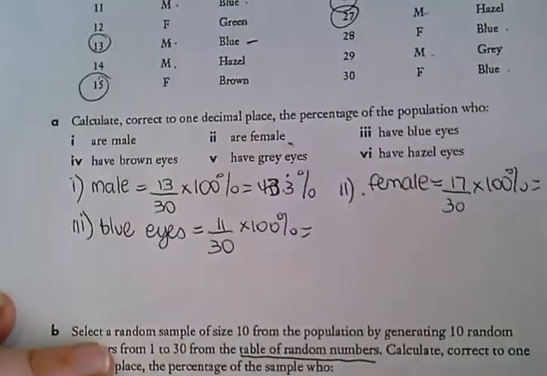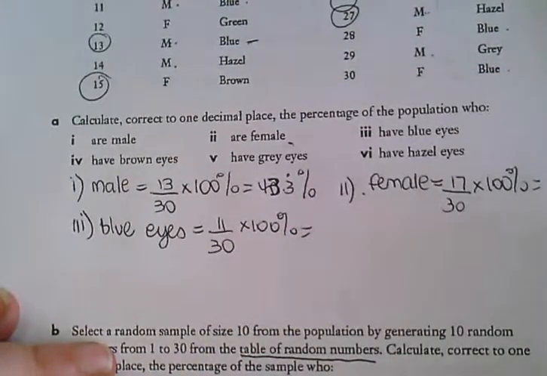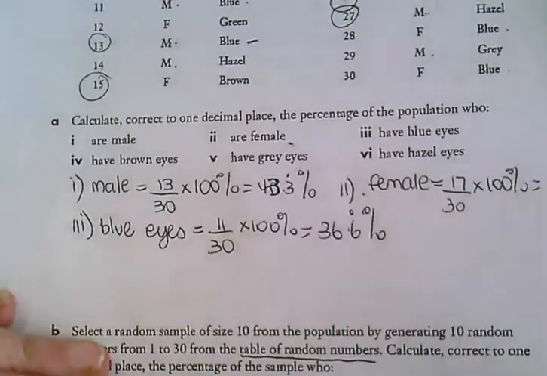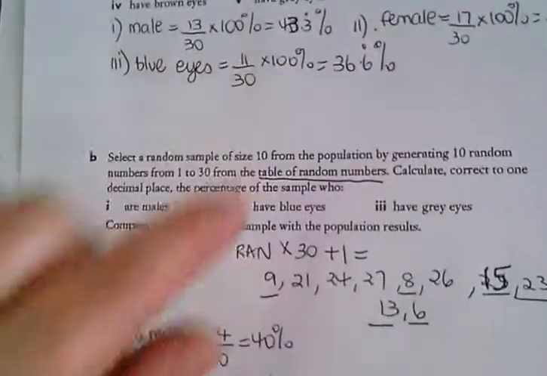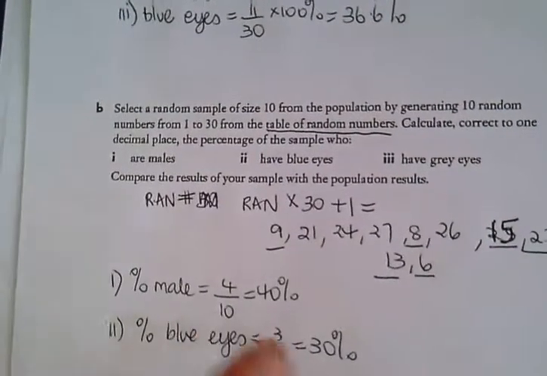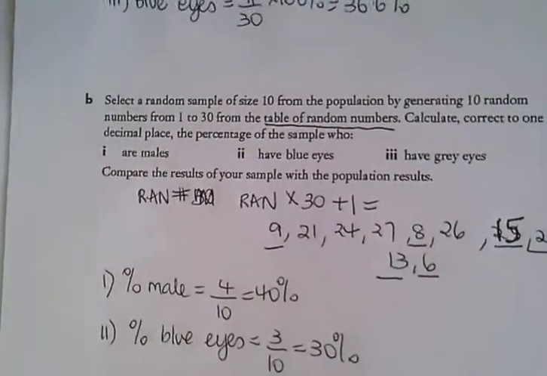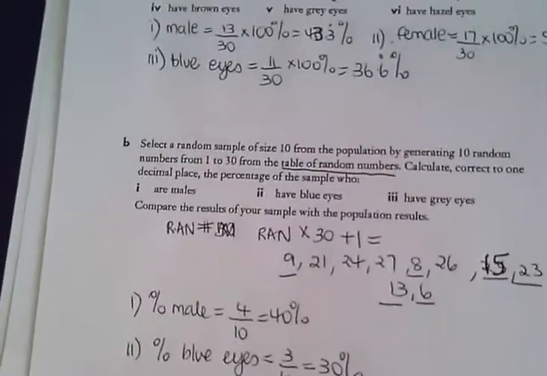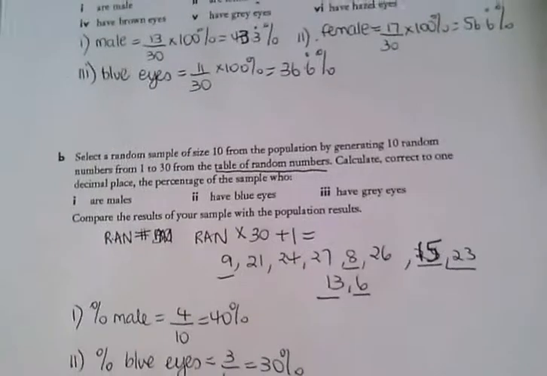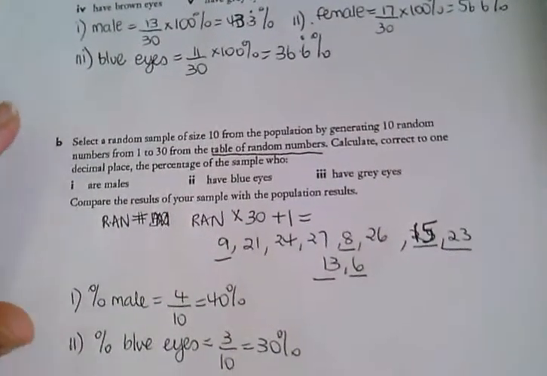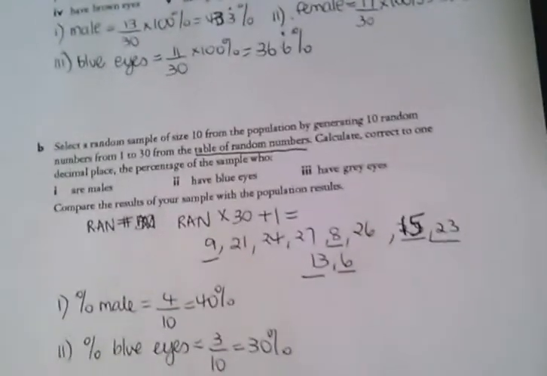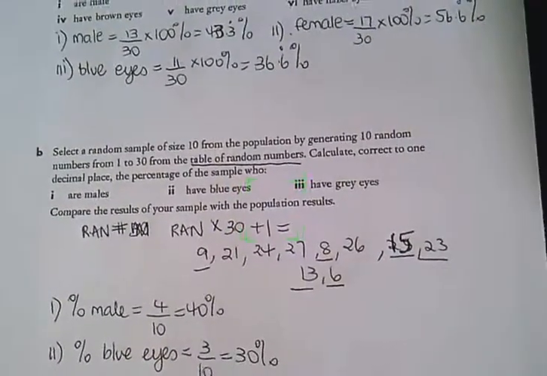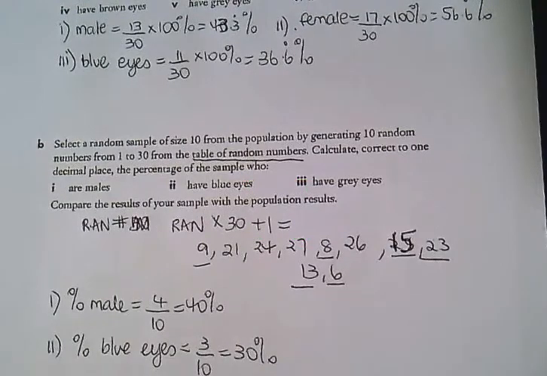So the percentage of people that have blue eyes in the entire population is 36.6 recurring percent. My sample shows 30% blue eyes. It's close. All right, a bit off, but it's fairly close. So can you see, of course the sample is not perfect, but it's close. Now the bigger the sample, the closer your answer to what the actual thing is. And that's how we conduct a random sample.